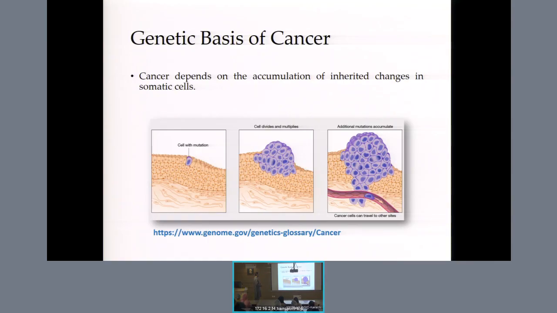So cancer depends on the accumulation of inherited changes in somatic cells. Inherited changes means mutations. When they start building up in different types of cells, individuals, they say almost 6 or 7 mutations. When their effects combine, a cell turns into a tumorous cell.